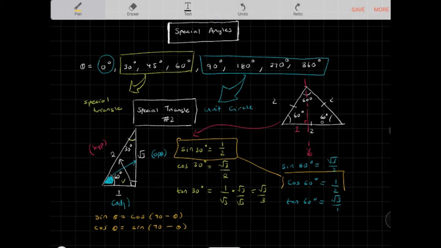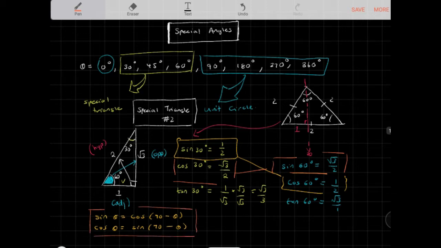Also, if I compare cosine 30 with sine 60, you'll see that it has the same value as well. So this will work for all scenarios, and these are our values of our special triangle.